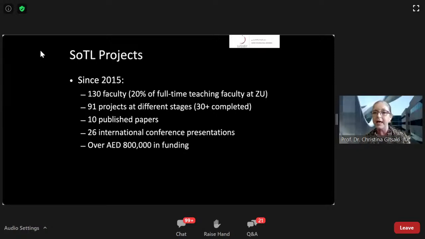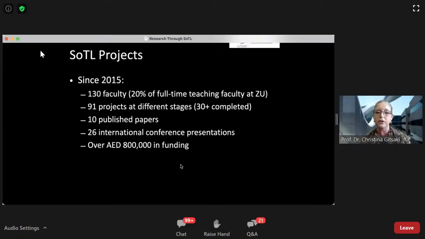We try to support that. And a lot of the funding also goes to help them to go to conferences and disseminate their findings. Currently, we are supporting 23 different projects in progress right now at the university.